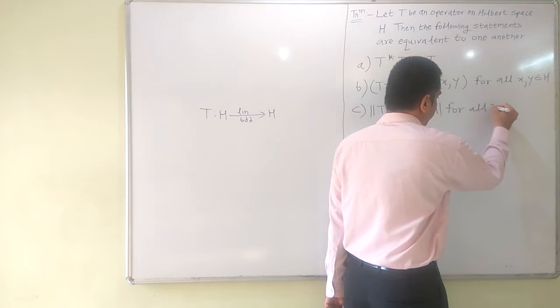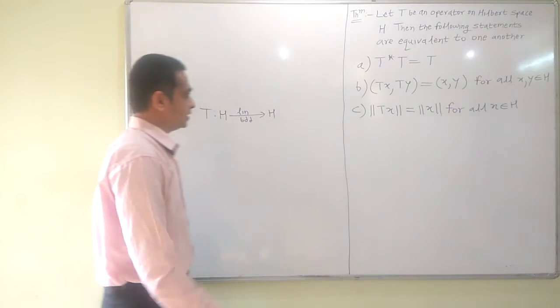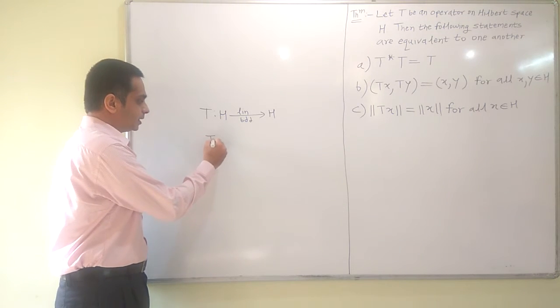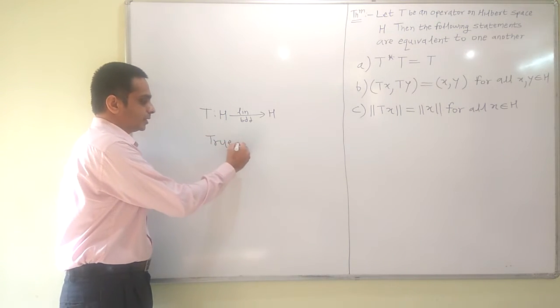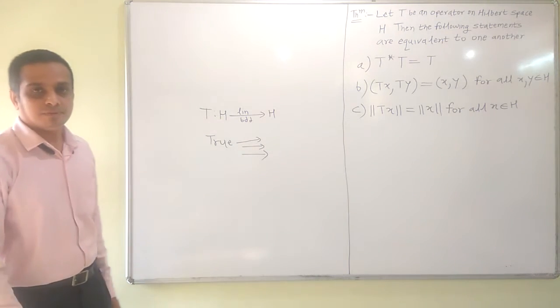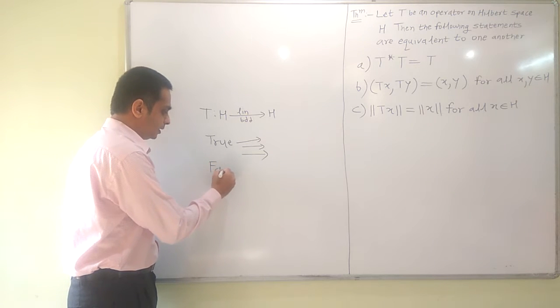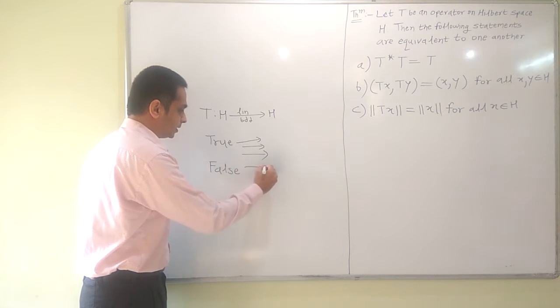So these statements are equivalent to one another. What it means? If one of the statements is true, then all others will be true. Or if one of the statements is false, then all other statements will be false.